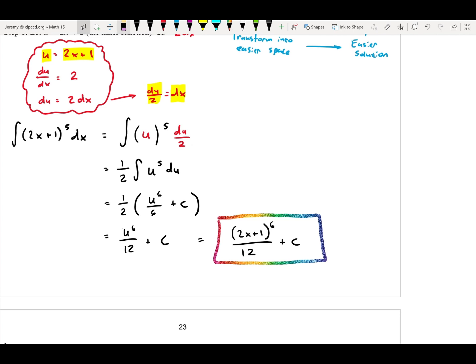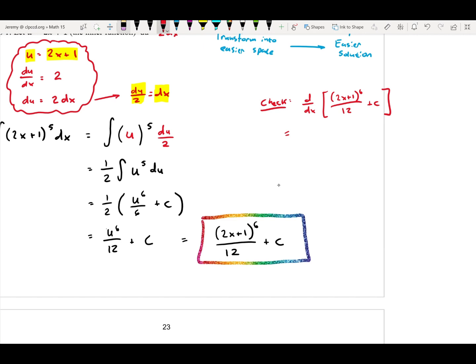Okay, notice that I could check my work if I wanted to. I could check by just taking the derivative. What's d/dx of my answer, (2x + 1) to the 6th over 12 plus c? What happens if I take this derivative? I'm hoping that I get (2x + 1) to the 5th. Let's see what happens. Okay, so taking the derivative of this first term here, it's going to be a chain rule, right?